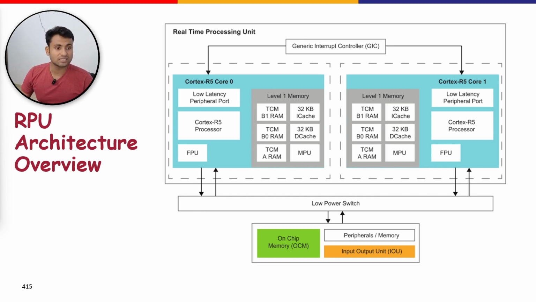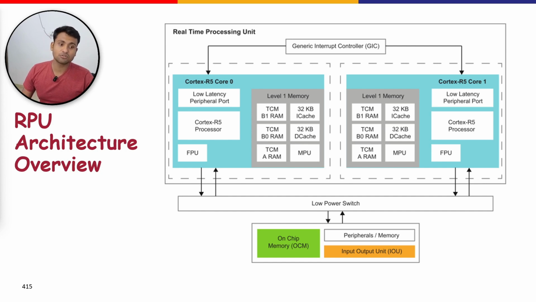The GIC's base address is aligned to the base address of the low latency peripheral port, popularly called the LLPP port, of each Cortex R5 processing core. You can see the low latency peripheral port marked here. The GIC's base address is mapped to the base address of this port, as it ensures low latency access to incoming and outgoing interrupts.